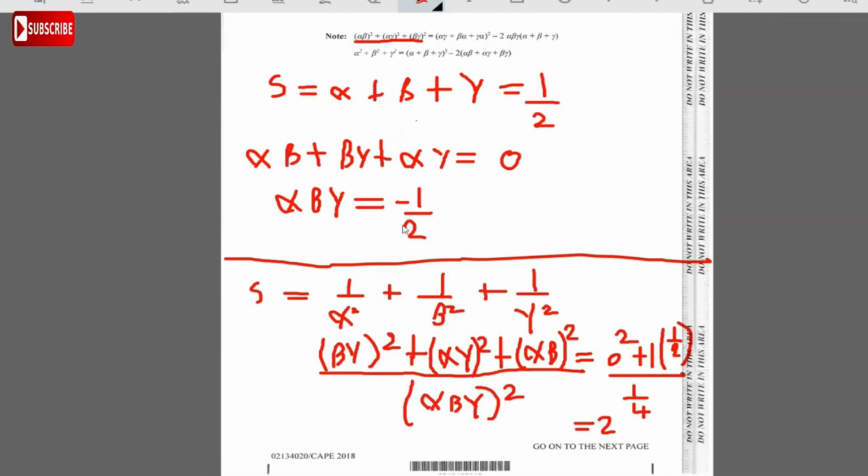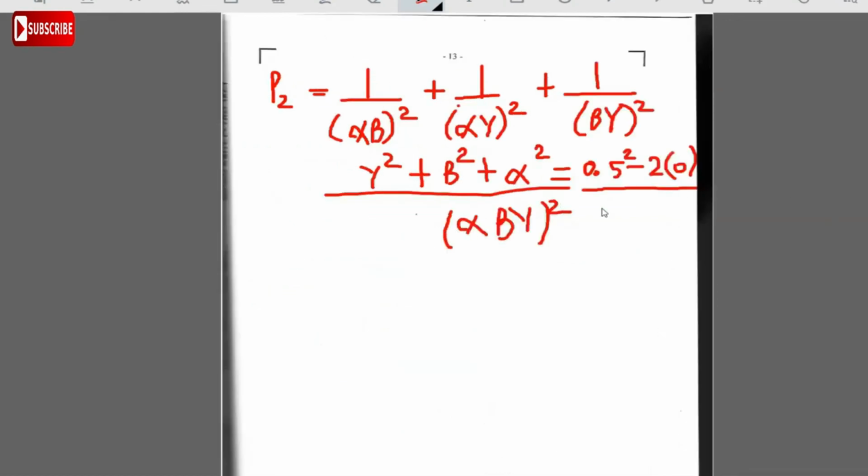Alpha beta gamma is minus a half, and so we have minus a half all square, which is a quarter. So we have a half square divided by a quarter. That will give us the product by 2. A half square divided by a quarter is 1.